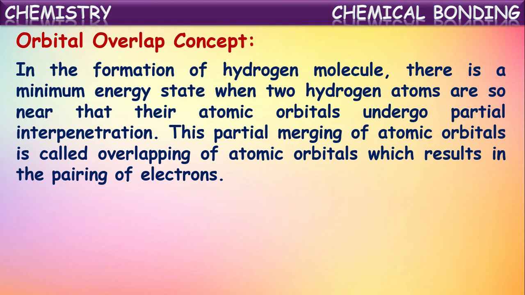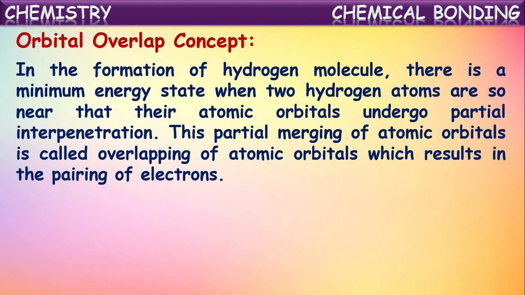So the hydrogen which has one electron in its orbital approaches another hydrogen atom which has one electron in its orbital. When these two hydrogen atoms approach each other to a certain distance, the orbital of one hydrogen merges. That means it interpenetrates into the atomic orbital of another hydrogen.